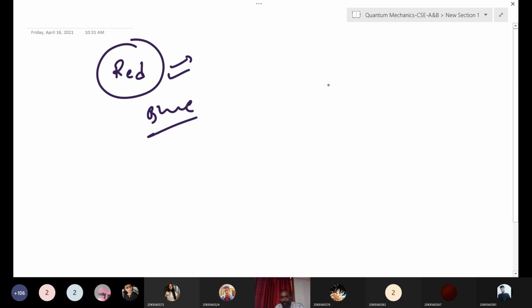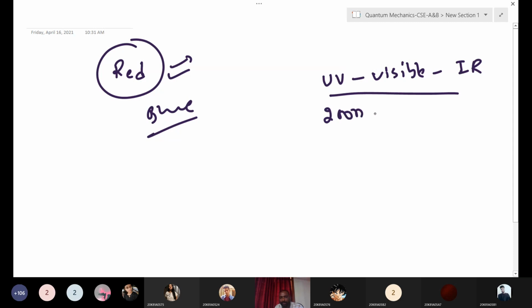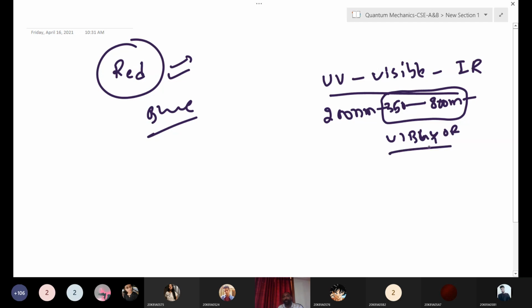Generally the energy spectrum is UV, visible, and infrared, IR. This is a very important spectrum. UV is around 200 nanometers, and visible is around 350 to 800 or 850 nanometers. IR is beyond this. Only 350 to 800 nanometers we can see, that is VIBGYOR. So these colors only we can see with the naked eye.